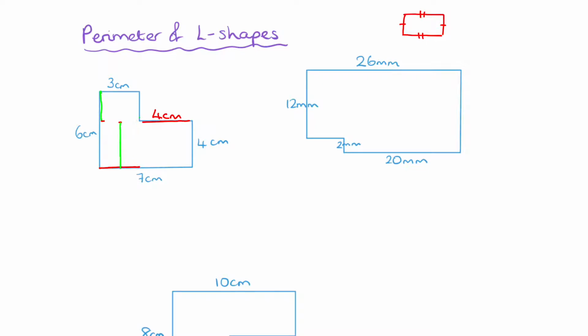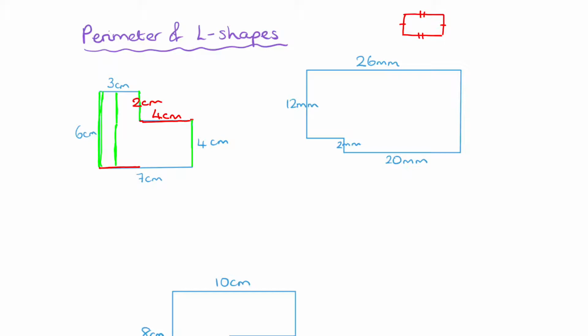So that 4 centimetre line there and the other green bit makes 6 altogether. So that one's going to be 2 centimetres because our bit that goes that far is 2 centimetres and the rest of it is 4 because it needs to make 6 altogether.